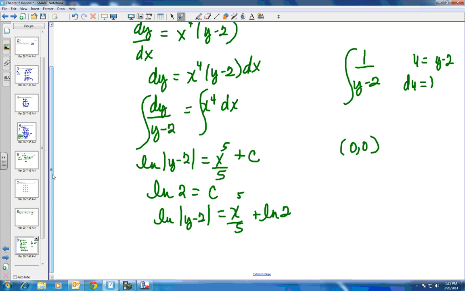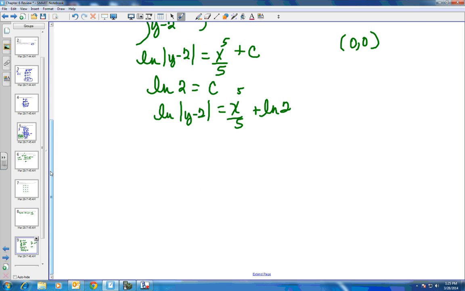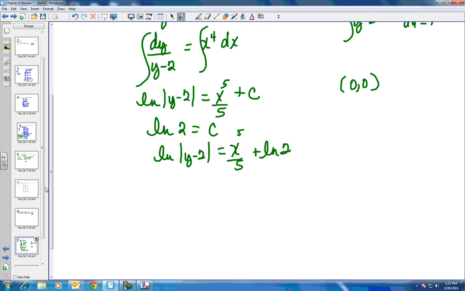I'm wondering if I want to do this or not. I'm trying to think ahead. So to solve for y, what would I do? e to both sides. e to the natural log of y minus 2 equals e to the x to the 5th over 5 plus natural log of 2.